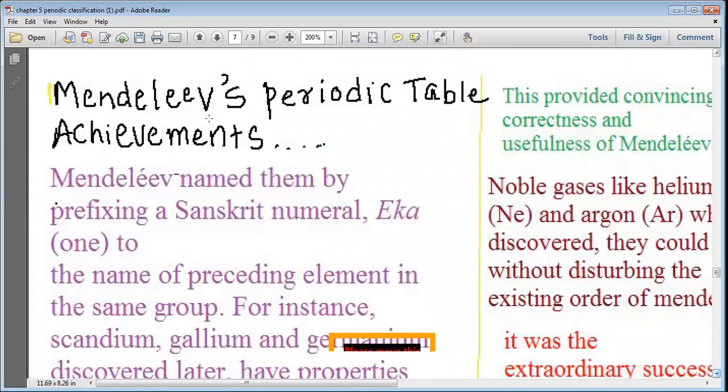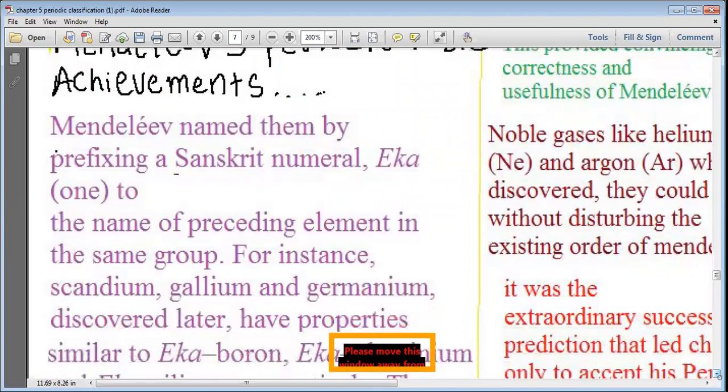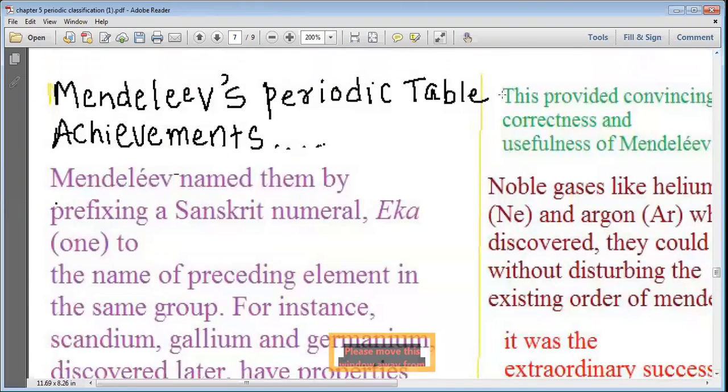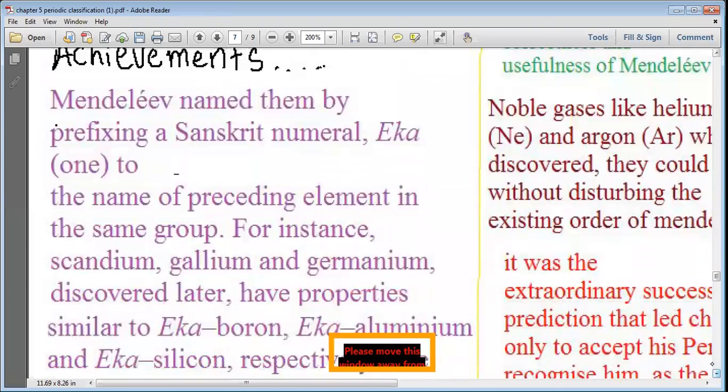So he left some gaps in the periodic table, and he boldly predicted that if a new element is discovered in place of this gap, this element will have similar chemical and physical properties to the other elements. This is how he predicted the properties of those undiscovered elements, and he said that surely these elements are going to be discovered.